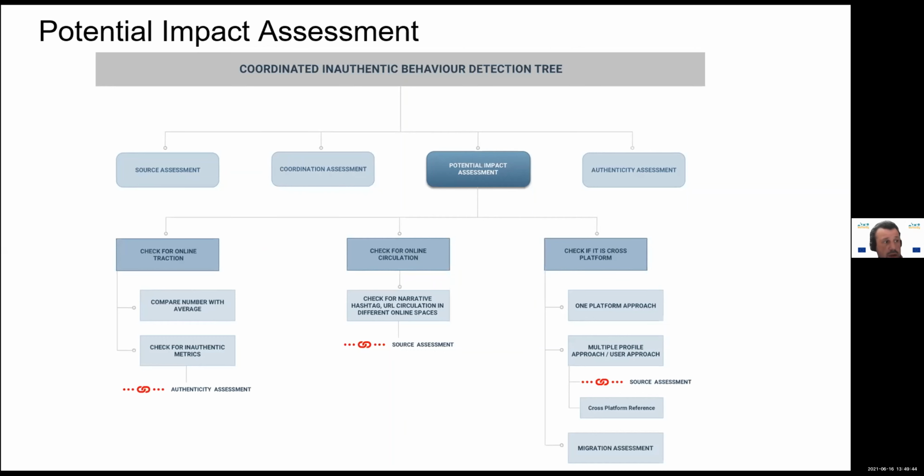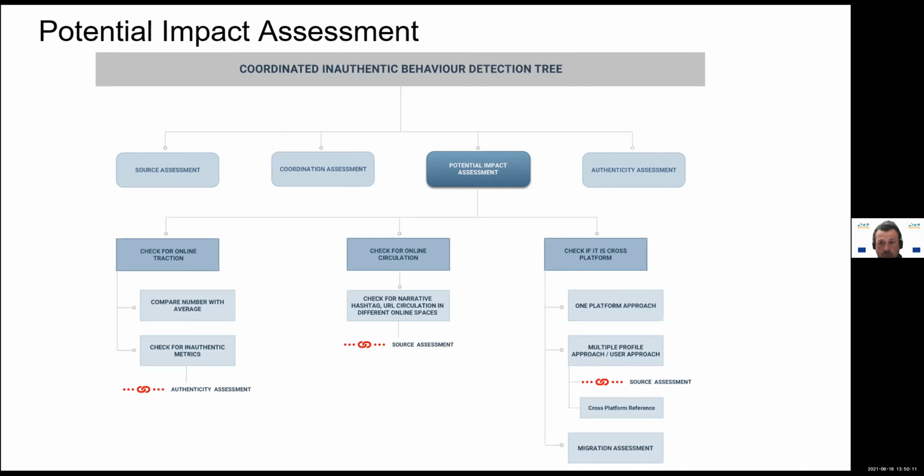For the online circulation, we can check mostly narratives, URL circulation, and where it's circulated online. We also have to check if it's cross-platform. You have two ways to do the cross-platform search.